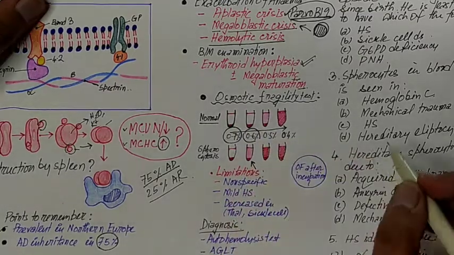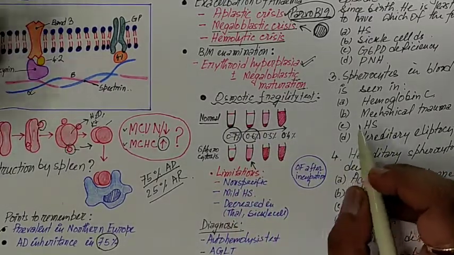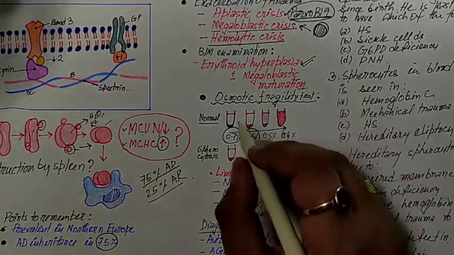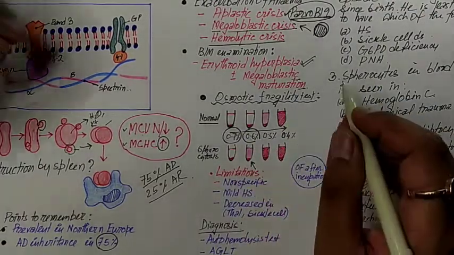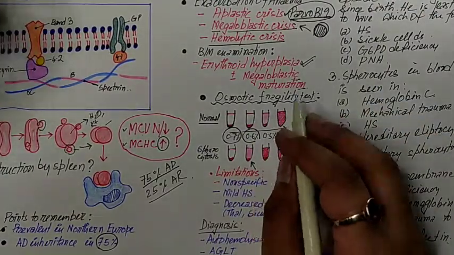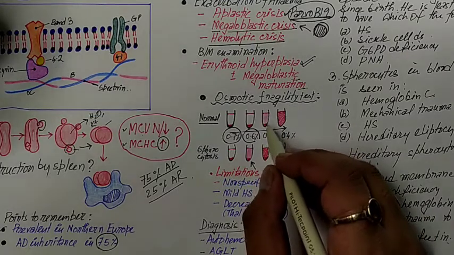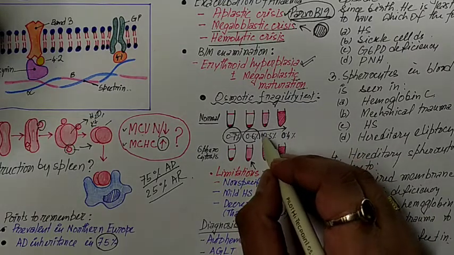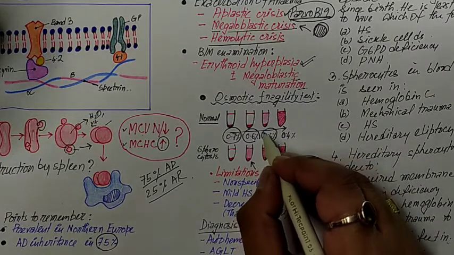into these test tubes. Normally, in normal persons, the hemolysis usually begins at 0.5% concentration.